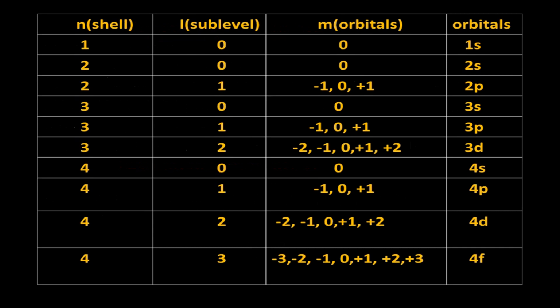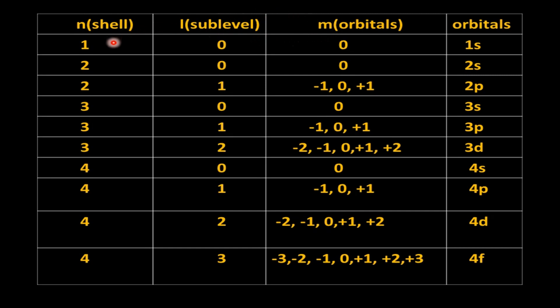This is the summary of the quantum numbers and relationships. Let's go through this. n is the principal quantum number, which is the shell. l is the azimuthal quantum number, which is the subshell. While m is the magnetic quantum number, showing the orbitals.